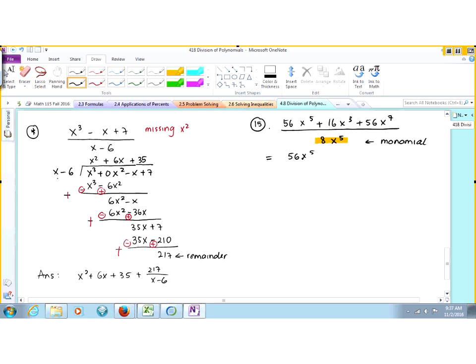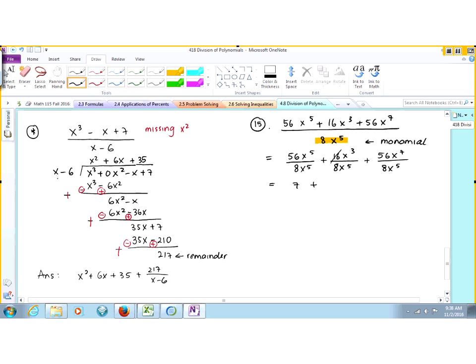So how am I writing them? 56x to the 5th divided by 8x to the 5th, plus 16x cubed divided by 8x to the 5th, plus 56x to the 7th divided by 8x to the 5th. So what will this be? The x to the 5th would cancel, and you are left with 7.